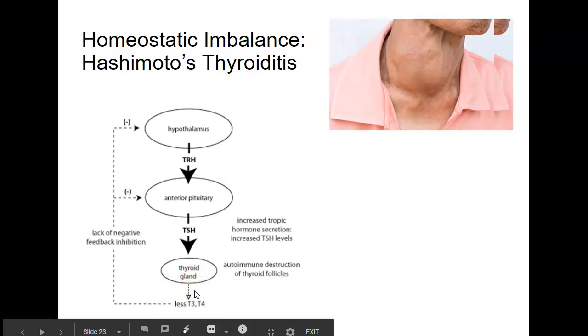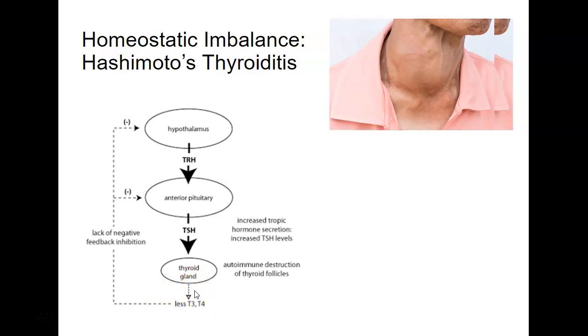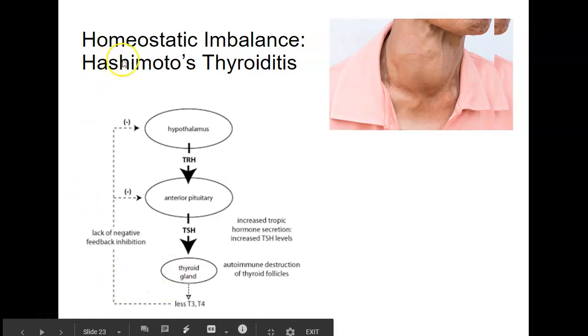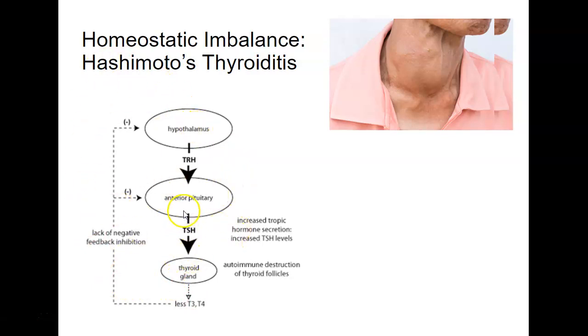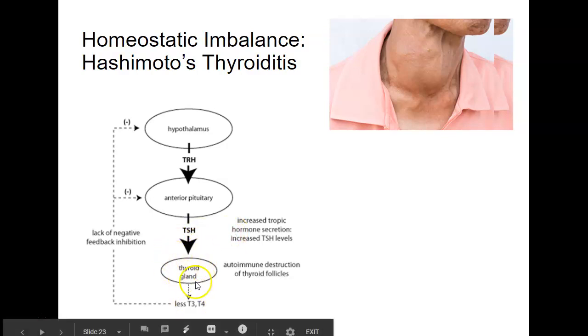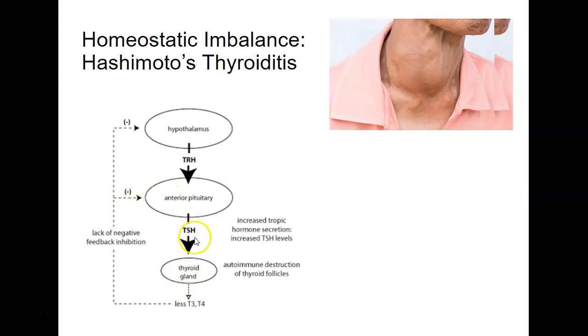So you have a chronically underactive thyroid release. And because of that, you're not really going to get any negative feedback. So it increases your TSH levels to try to compensate. It's a little strange, but the lack of work by the thyroid gland causes a lack of negative feedback. And so you're producing a lot of TSH as a result.